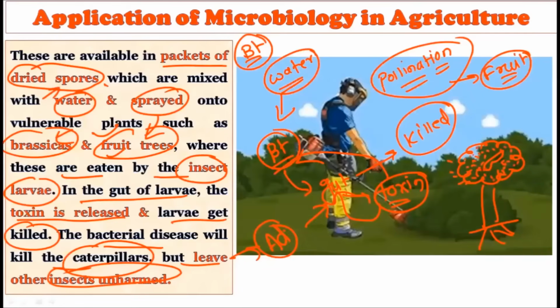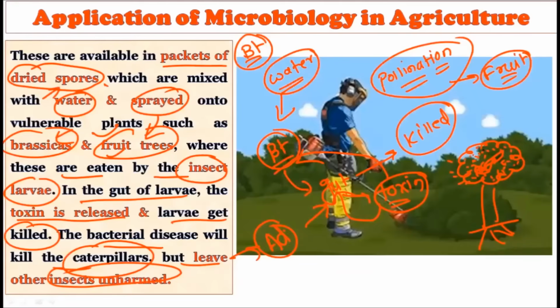When this caterpillar consumes these leaves, there are spores of Bacillus thuringiensis on them. So indirectly the Bacillus thuringiensis is eaten by the larva or caterpillar, and after reaching its gut, the caterpillar dies due to the consumption of Bacillus thuringiensis.